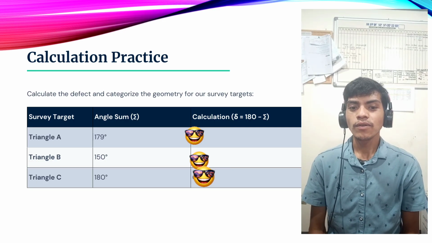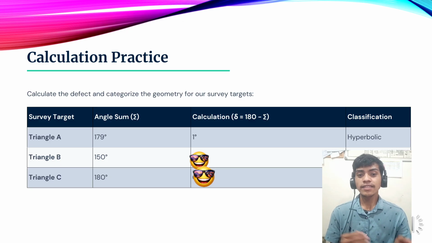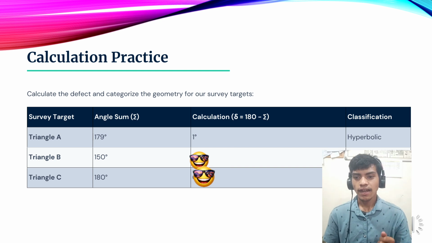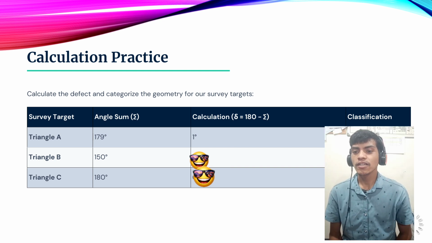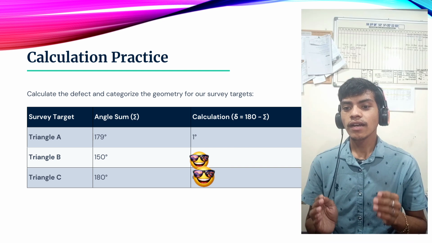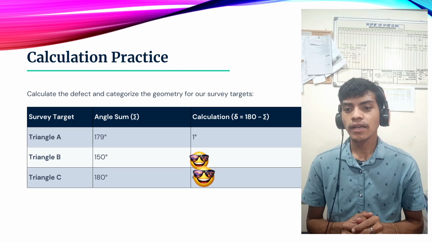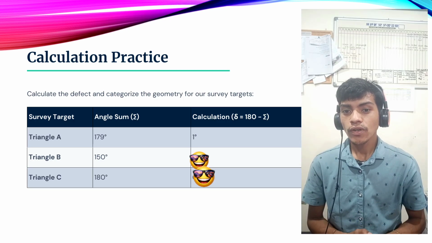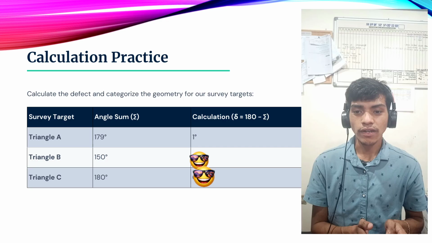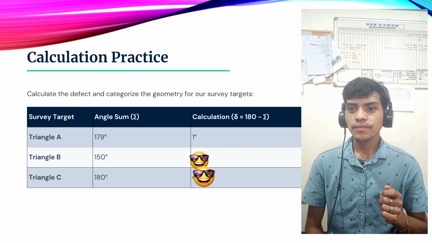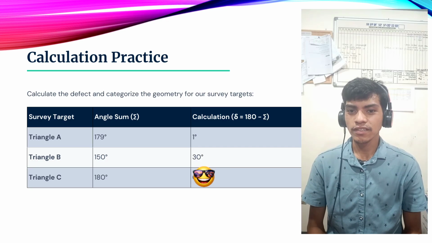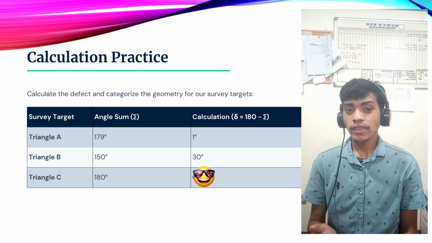Okay, now to classify, is this hyperbolic, Euclidean, or elliptic? Hyperbolic. Now letter B: the angle sum of triangle B is 150 degrees. So what is the result? It equals 30 degrees. What is the classification?